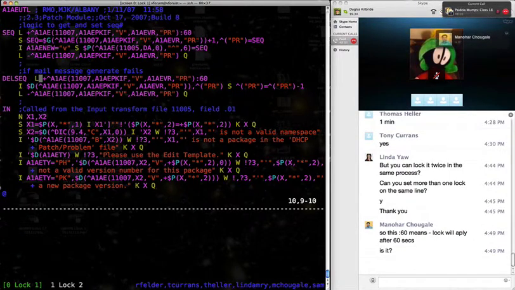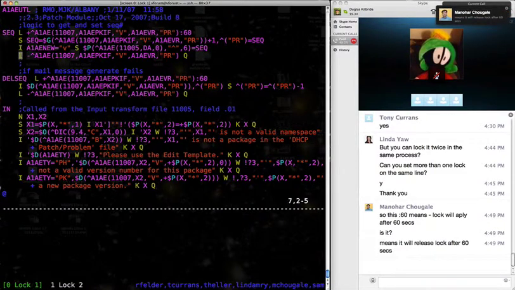And no, the 60 means Manohar. It means that MUMPS will try to acquire the lock for 60 seconds. So basically what the programmer is betting on is that these 2 lines down here between the locks will take much less than 60 seconds. No, that's not correct. It will not release a lock.